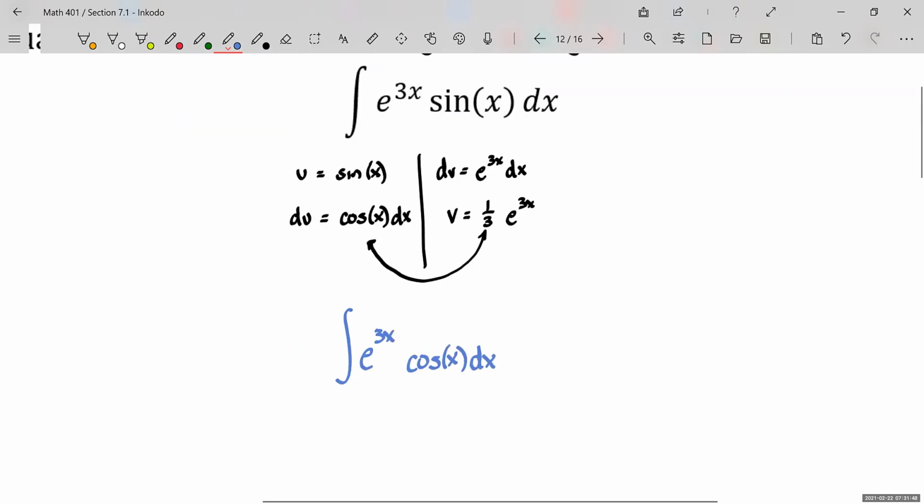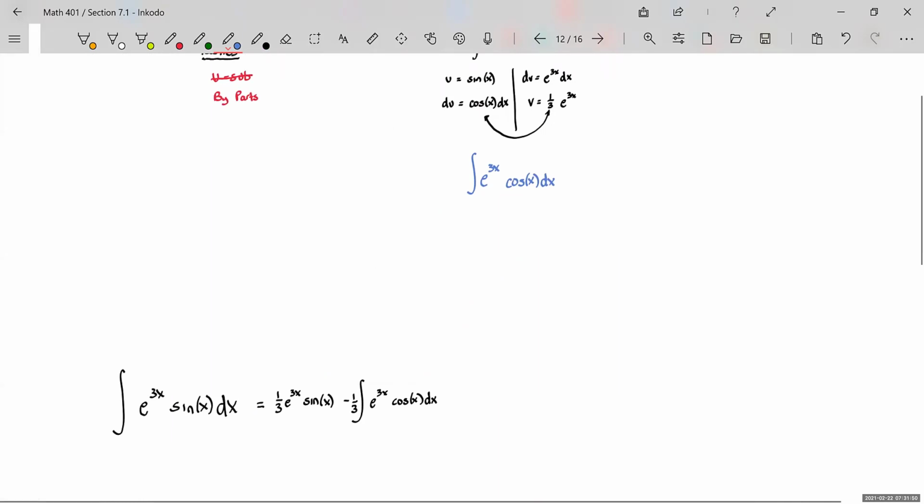Now, I mentioned again in a previous lecture that once you make a decision on what you're going to differentiate, stick with that decision. So if I end up having to run by parts yet again, which I do in blue ink here, choose the same style of function for what's going to be u.